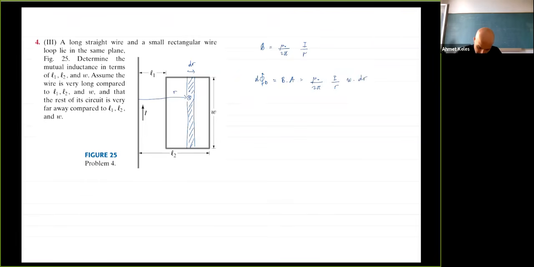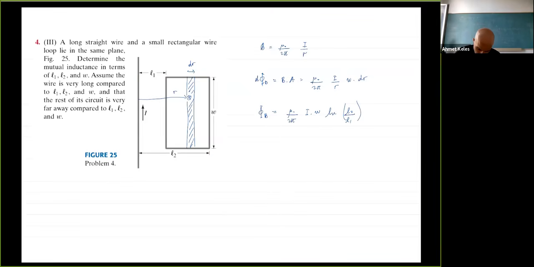If we integrate, we get the total flux. It's going to be equal to mu0 over 2 pi I times W. It's like a logarithm, and the limits are going from L1 to L2. I'll just write the result because we had this kind of integral a lot in this course.